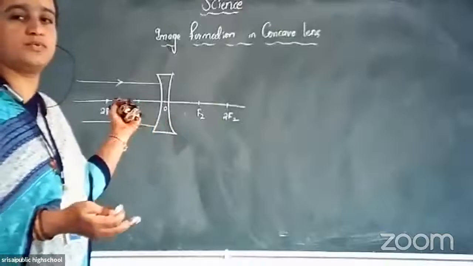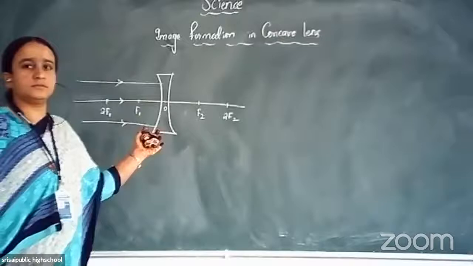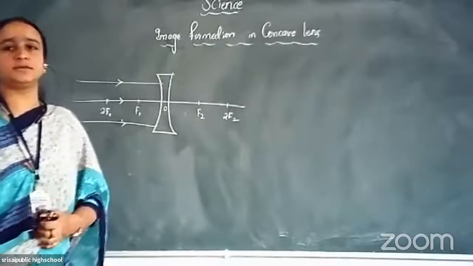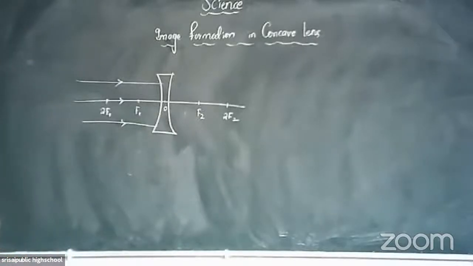What is the name given for this lens? Converging or diverging? See, the rays appear to come from a single point, so is it a converging lens or a diverging lens?